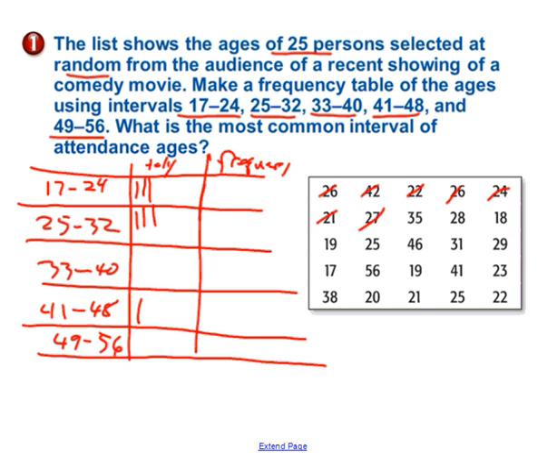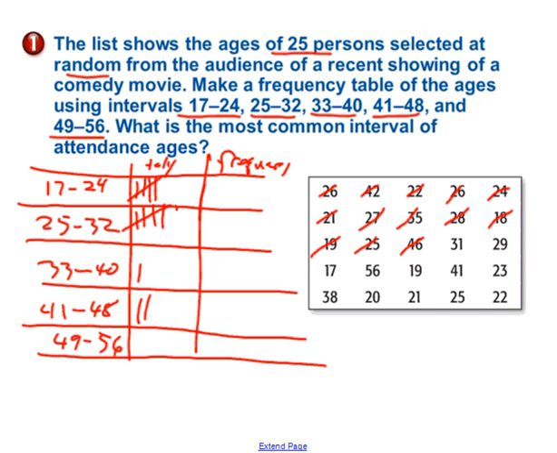Excuse me, 35 would go into this category. 28 would go into the second category there. 18 goes there. 19 goes here, so that makes 5 of those. 25 goes here, so that makes 5 of those. 46 is the second one in that category.